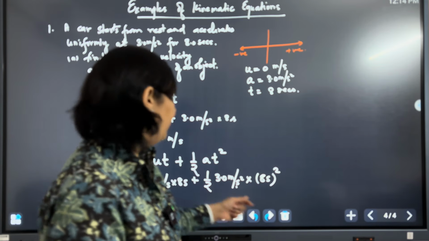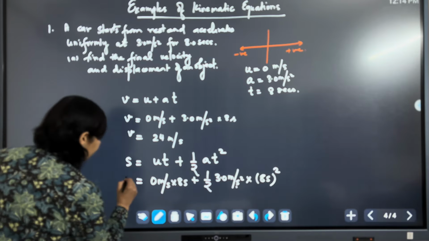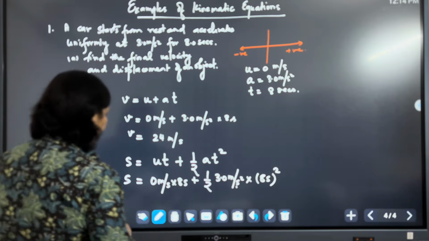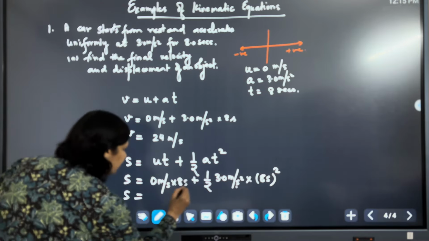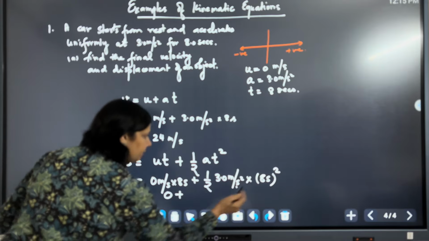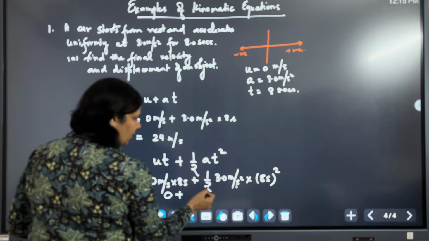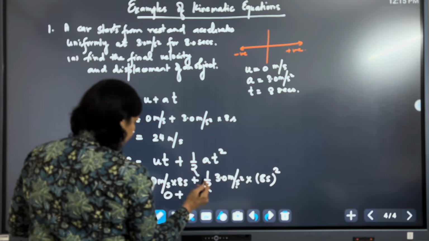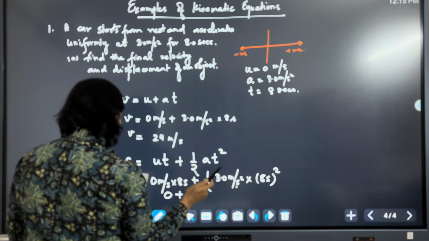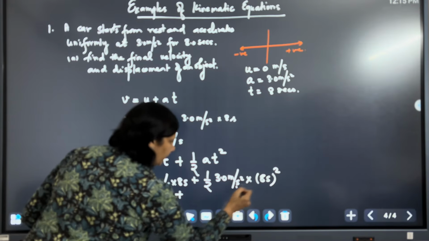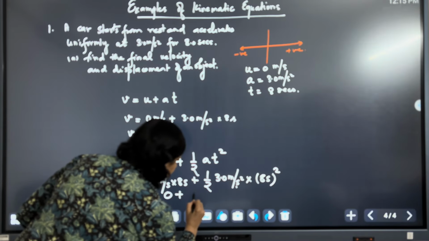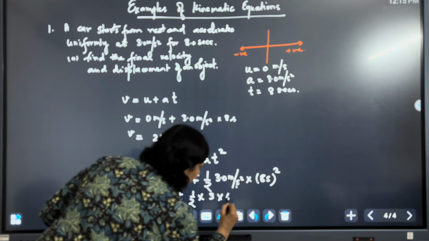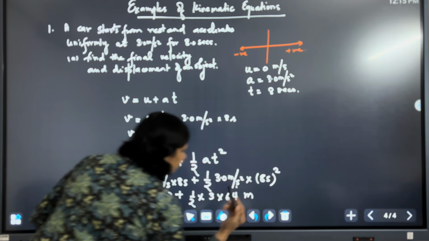That has to be right, because left hand side is displacement, so it has to have dimension of length. So this is equal to 0 plus 8 8 is 64 divided by 2 into 3. So that will come out to be 32 into 3, right? So this will be half into 3 into 64 meter, correct?